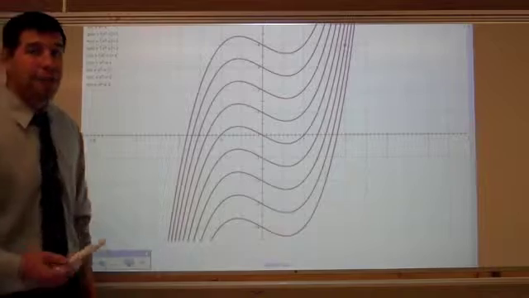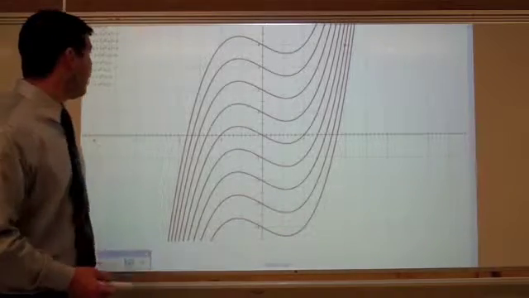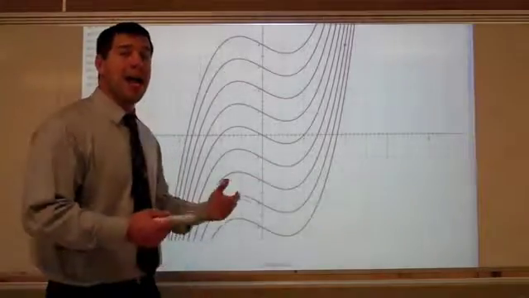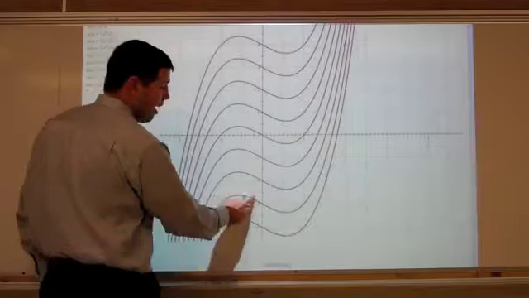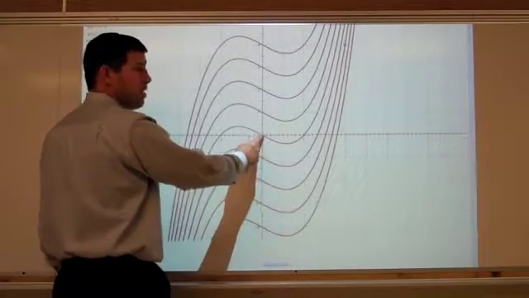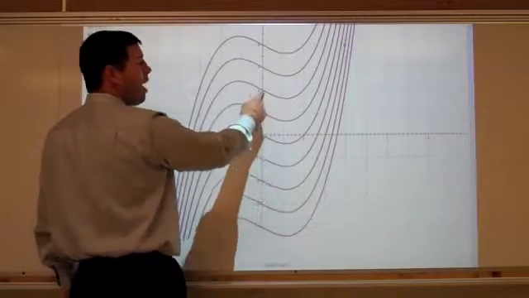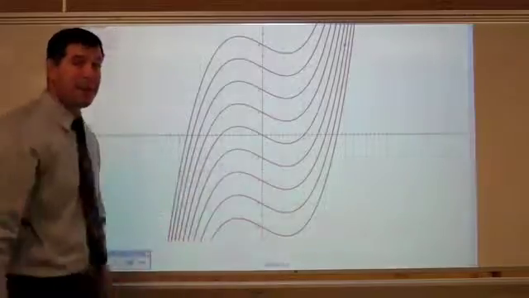Here is a family of functions that all start with x cubed minus x, and then you have different constants. I have x cubed minus x minus 4, x cubed minus x minus 3, x cubed minus x minus 2, minus 1, 0 there, x cubed minus x plus 1, x cubed minus x plus 2, x cubed minus x plus 3, x cubed minus x plus 4.